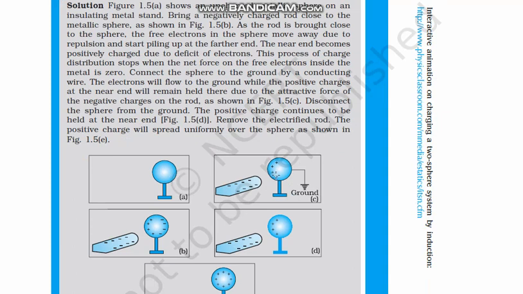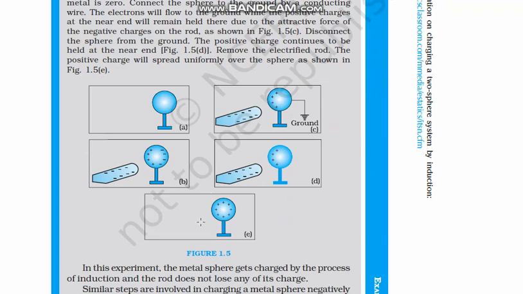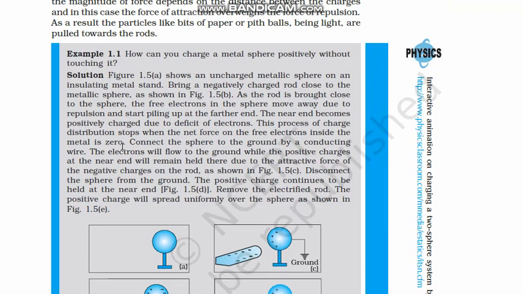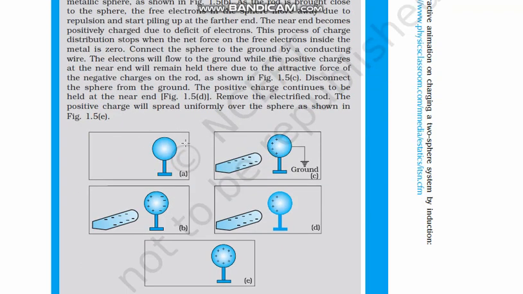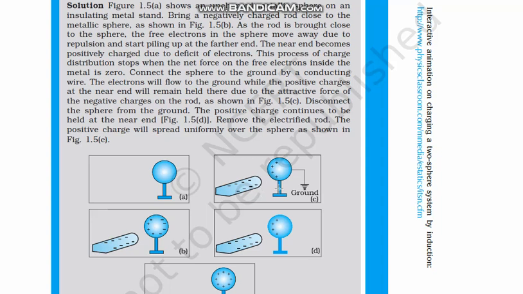So here you have shown which way you can create this metal charge. There are 5 diagrams. A, where there is only a metal ball, a metal sphere. In second, the metal sphere which is grounded.